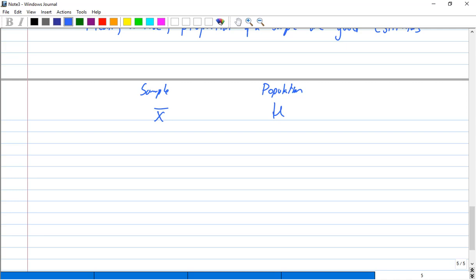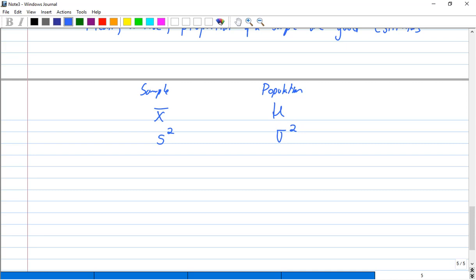The other one that we've covered a lot is variance, right? So if we have a variance for the population, what is a point estimator of the variance that would come from the sample? Do you remember the variable? It was S squared, right?